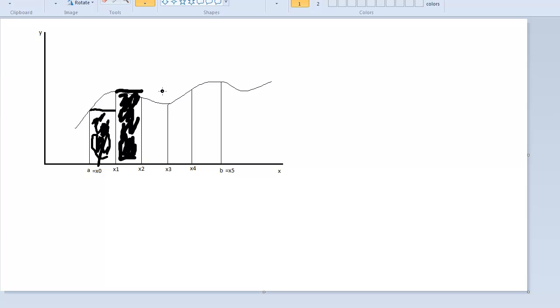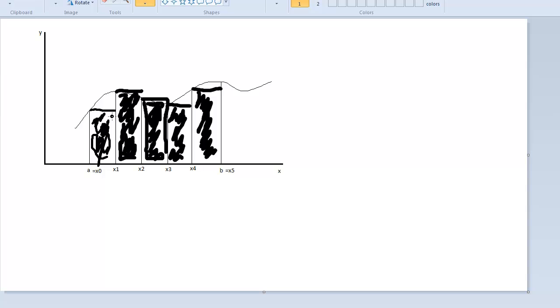In the third part, I again start with the starting point of the interval, make a rectangle like this, and calculate the surface. The fourth region is like this, and the last one just like this. So I hope you understand the basic principle.